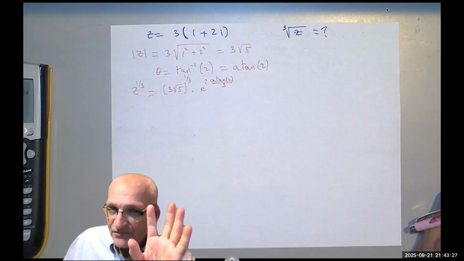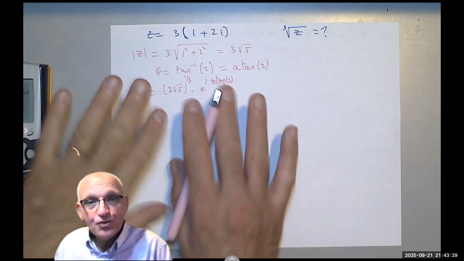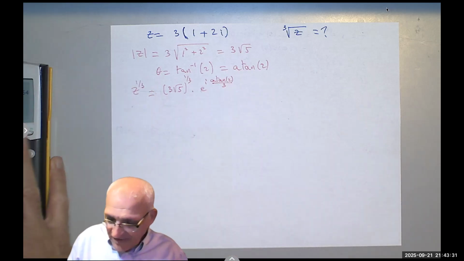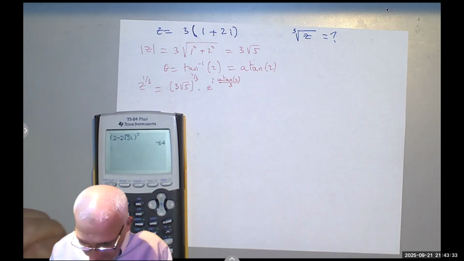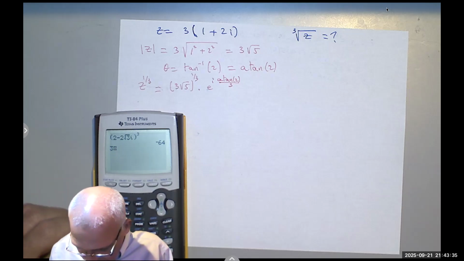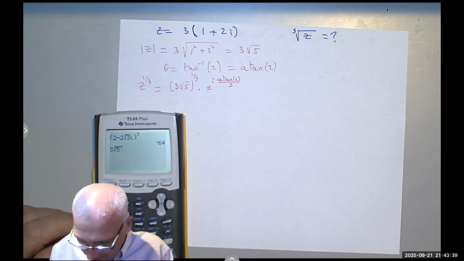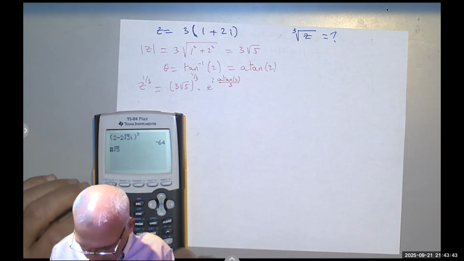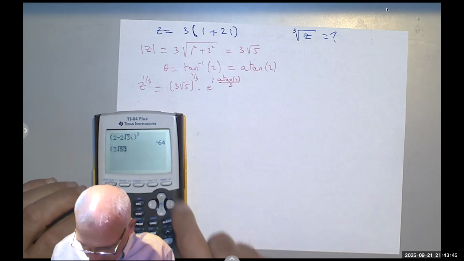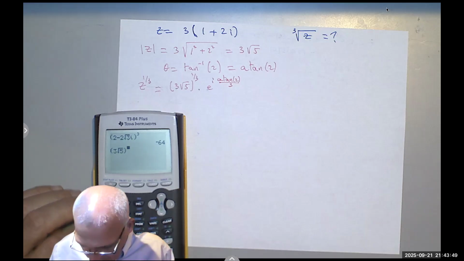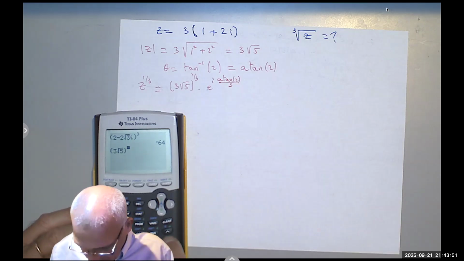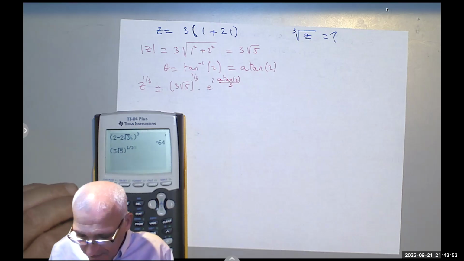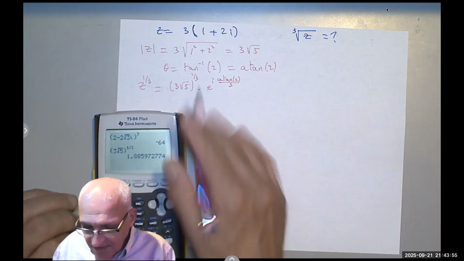Here you have to be careful. I will tell you why. But let's do this first. If I use my calculator and get 3 square root of 5, raised to the power of 1/3, I will get 1.88 something.